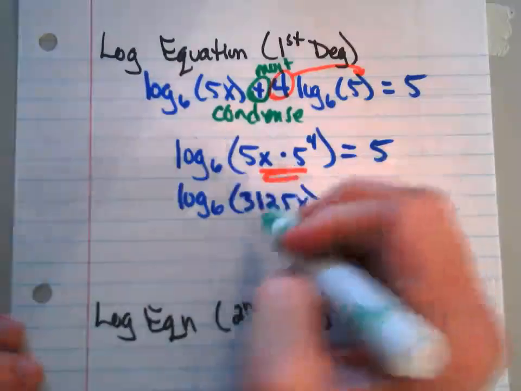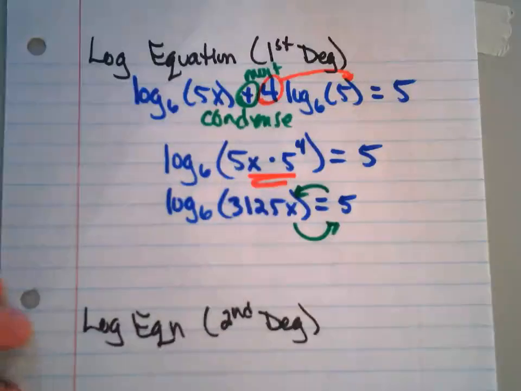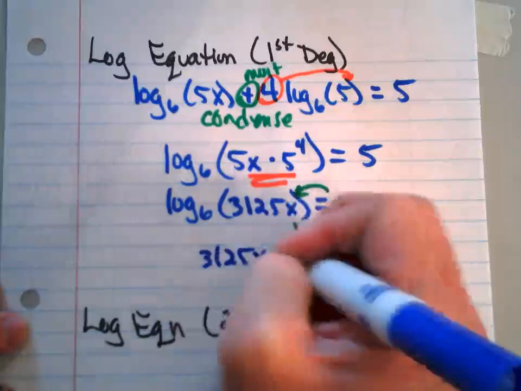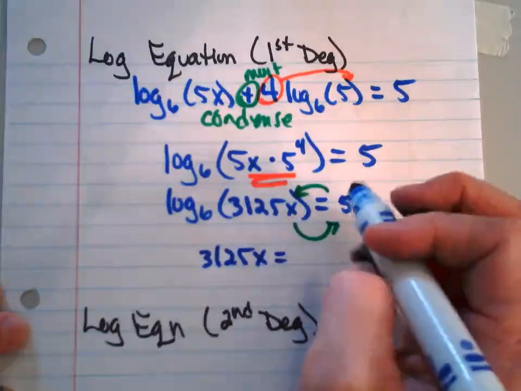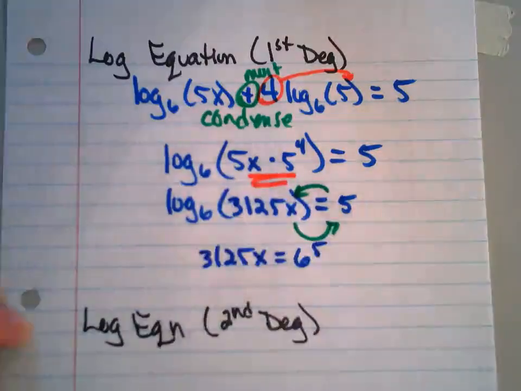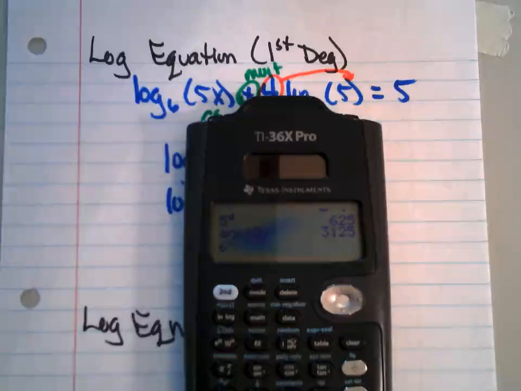Okay, moving right along. Got to rewrite it. 3,125x equals 6 to the 5th power. 6 to the 5th power is 7,776.